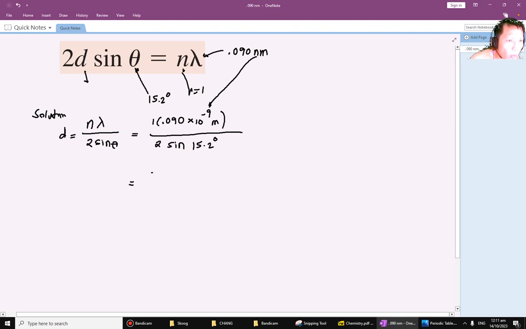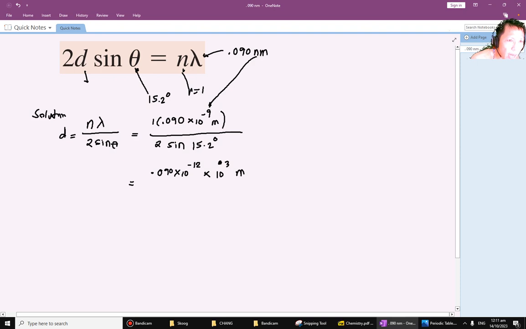Anyway, 0.090 times 10, since we need a pico, that should give us a negative 12. So for us to grab that negative 12, we should put times 10 to the positive 3. Negative 12 plus 3 should give us the negative 9. And then we put meters.